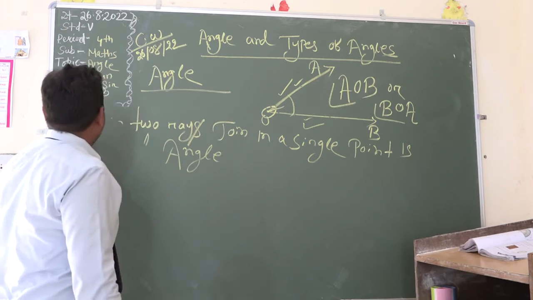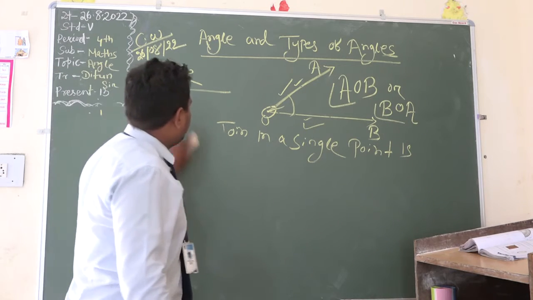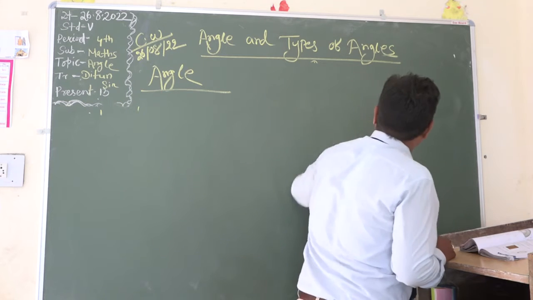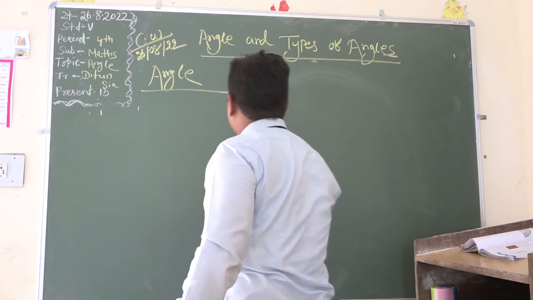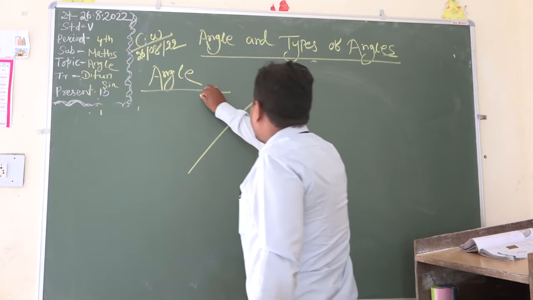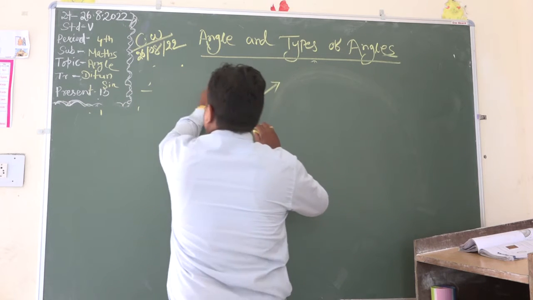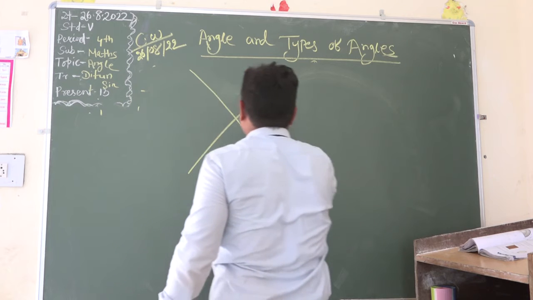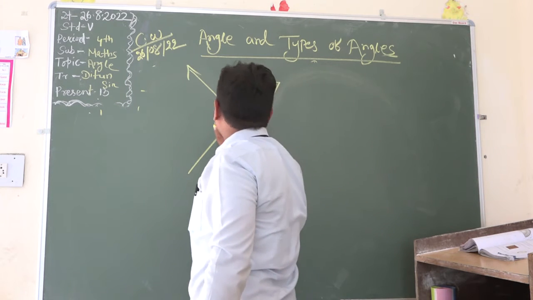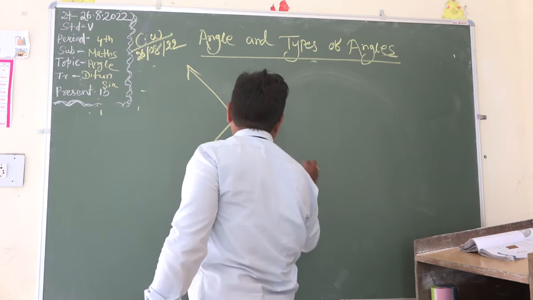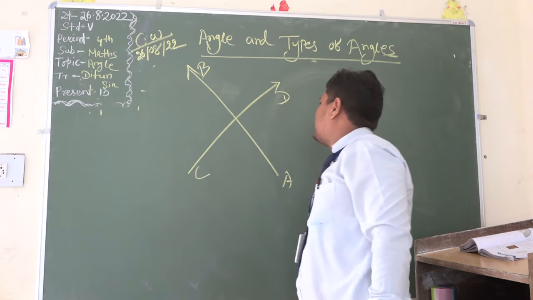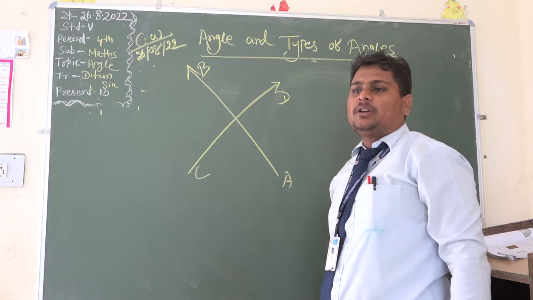Now we will make some angles. How will we make them? See, suppose here one ray is there. Again I cut it by another ray, so it is one point. I have given the names A, B, C, D. Who can say what are the names of the rays?